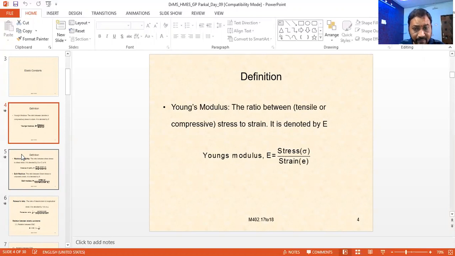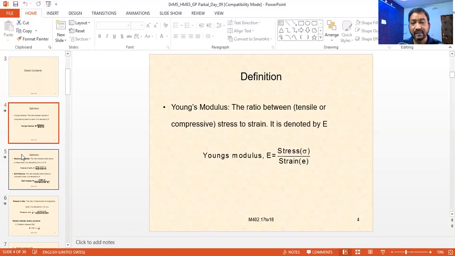And we have the definition of these three constants, and also the Poisson ratio, and we have some relationships among all these elastic constants and the Poisson ratio, and after that we are going to solve some problems.